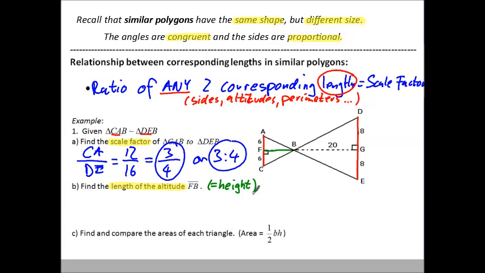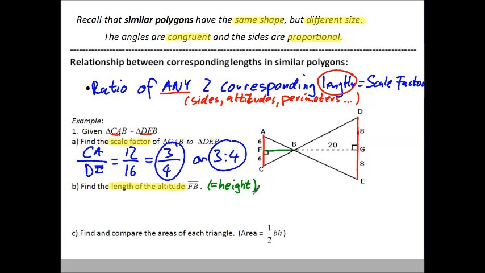And if we look at our triangle CAB and imagine that it was flipped 90 degrees to the left, then you could see that CA is the base and FB is perpendicular to it as indicated by the right angle, and that's the height or altitude.